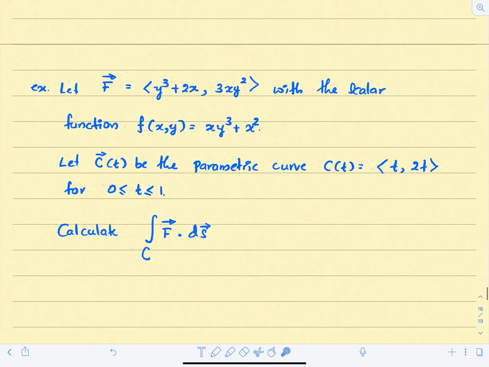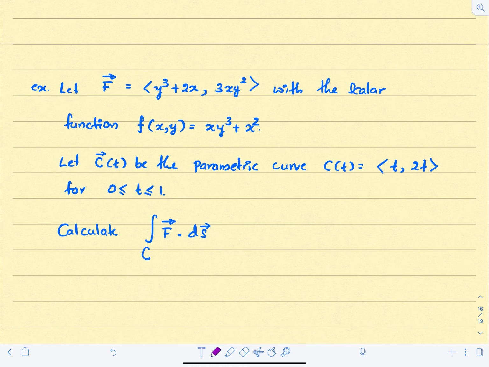Okay, let's consider a very simple example. Let's say we are given a vector field F that equals y cubed plus 2x comma 3xy squared, and in this problem we are given the corresponding scalar function little f, which equals xy cubed plus x squared.